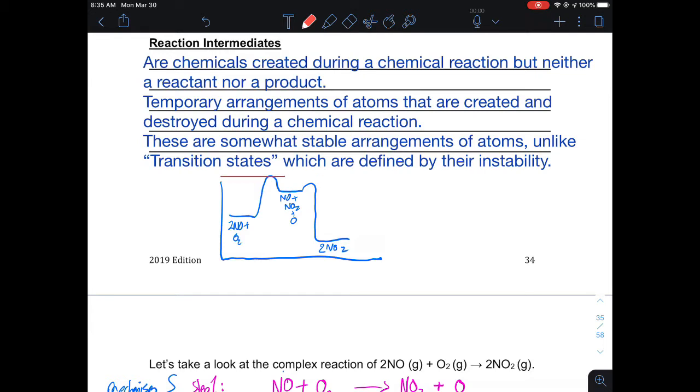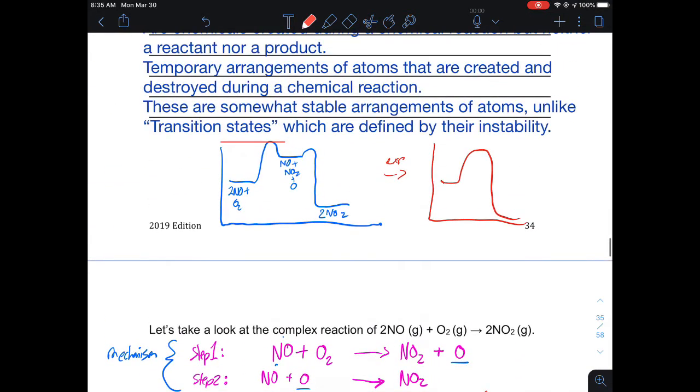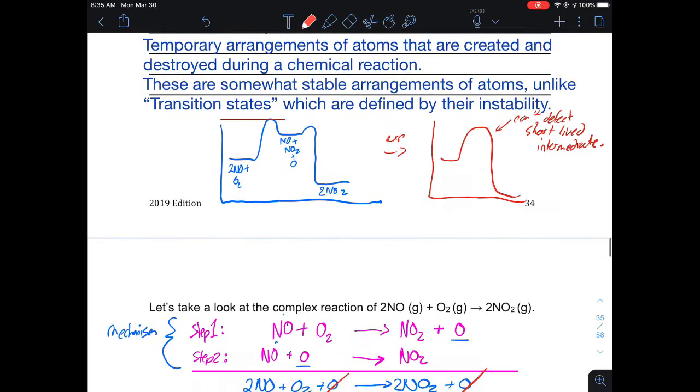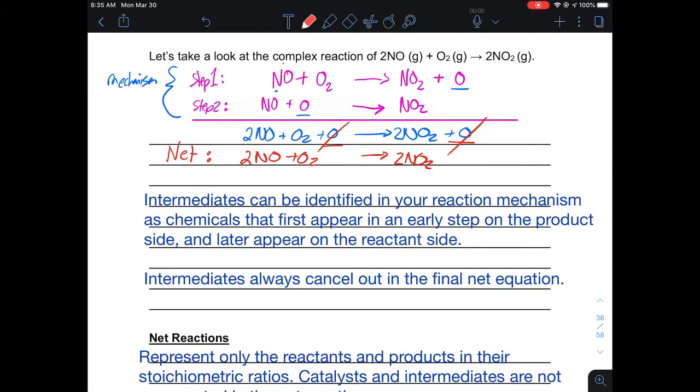So that's why from an experimental standpoint, we end up only looking at a graph that looks like that, as we can't detect short-lived intermediates most of the time. There is definitely a lot of chemical experimentation that goes into studying these intermediate stages, and there is some interest in capturing those stages, but that's for advanced chemistry.